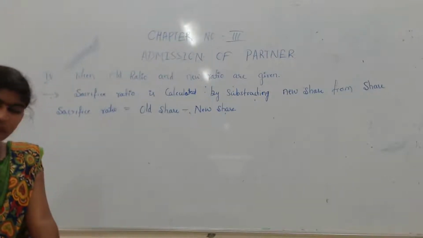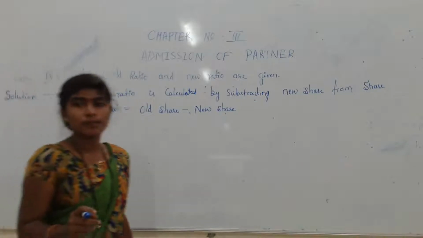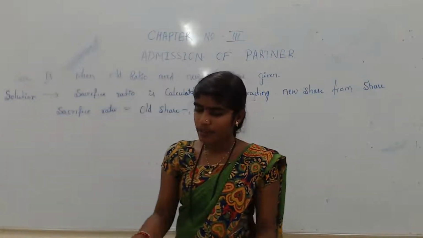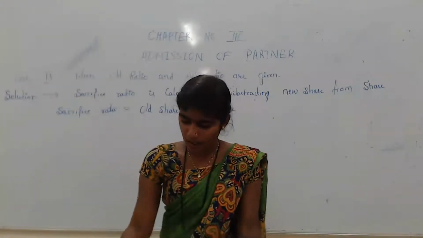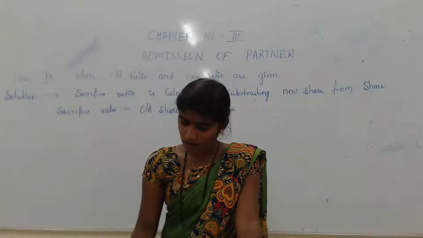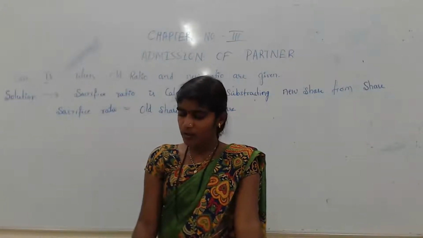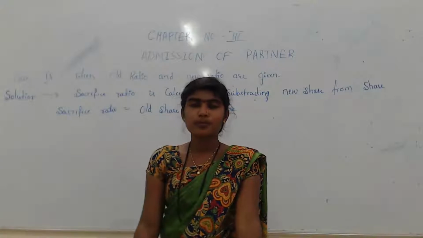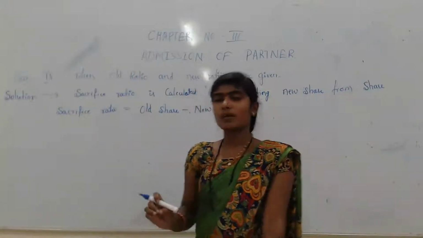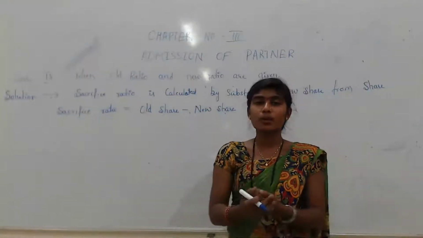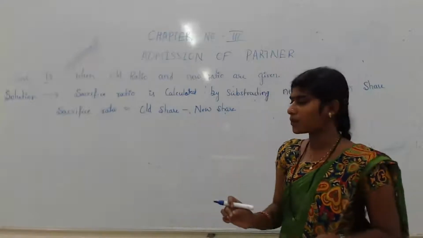Ganesh and Girish are partners sharing profit and losses in the ratio of 3:2. Ganesh and Girish are old partners, no? And what is the old ratio of old partner? 3:2.